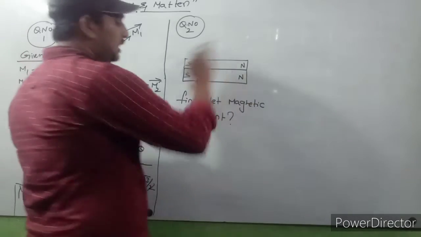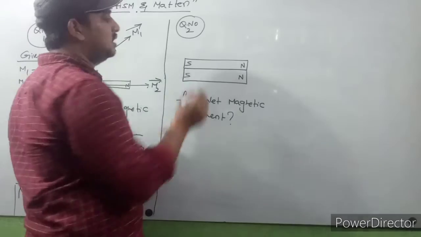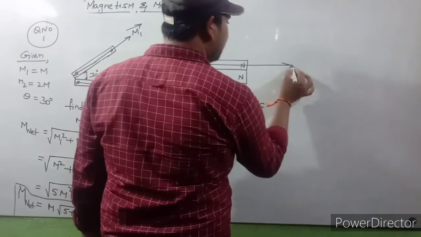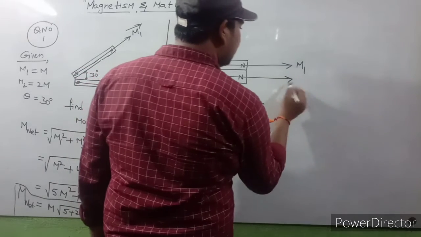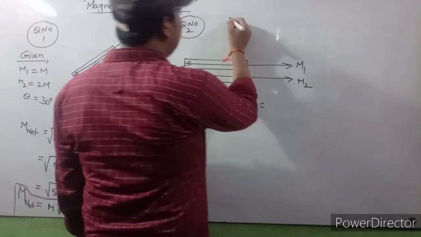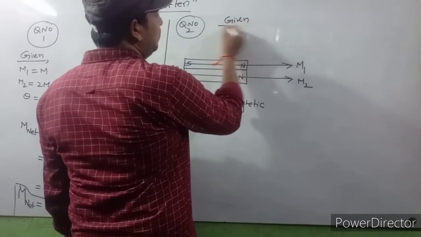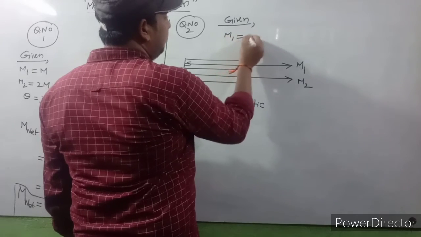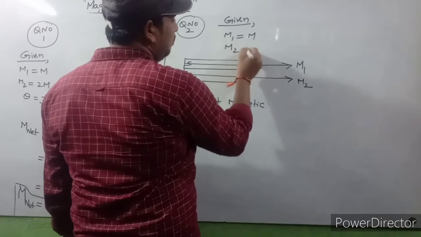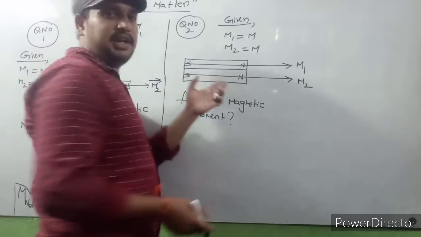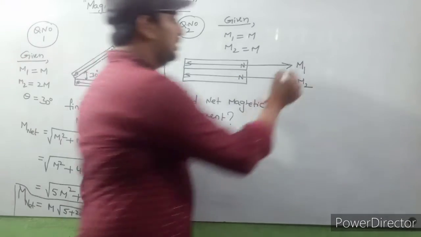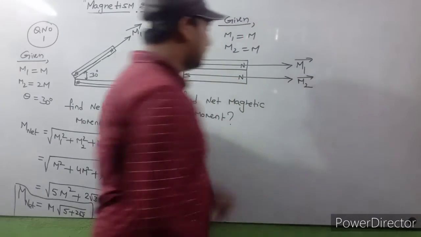For example, here how to find net magnetic moment. First draw the magnetic moment's direction. This I consider as m1 and this I consider as m2. Given m1 is equal to m, m2 is equal to m. What is the angle between m1 and m2? Observe carefully here. m1 bar is one vector, m2 bar is another vector.